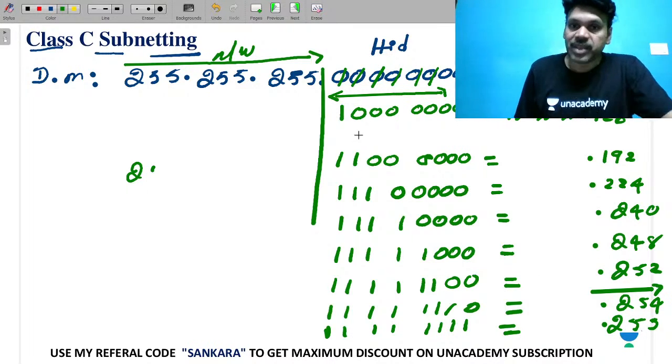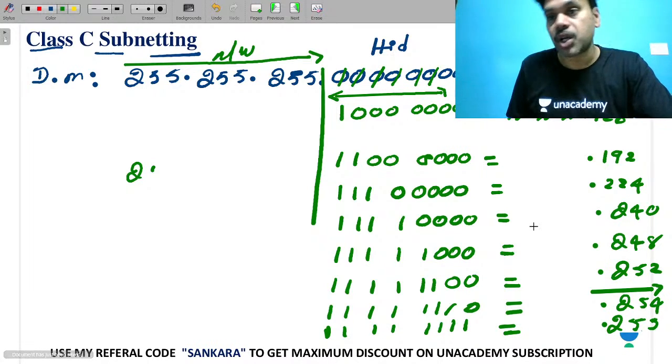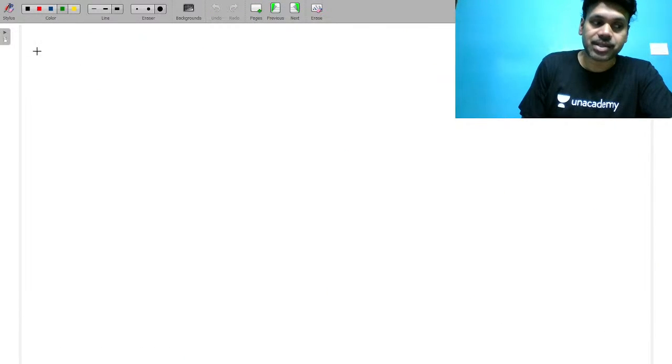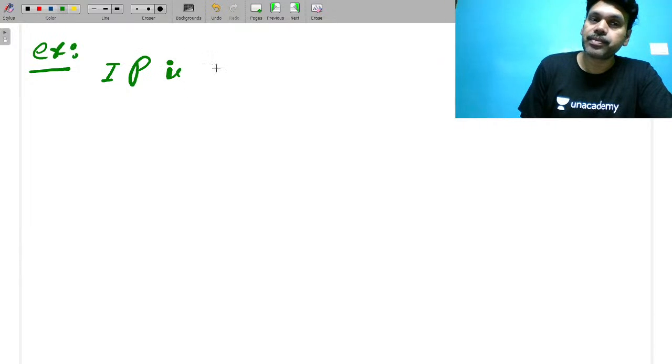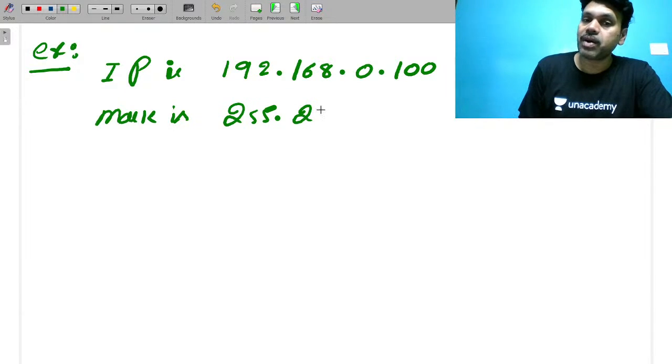So whenever the subnet mask is given in any flavor, we are able to tell whether it is subnetted or not subnetted. Let me show you one example according to class C. For example, the IP is 192.168.0.100 with the mask 255.255.255.192.